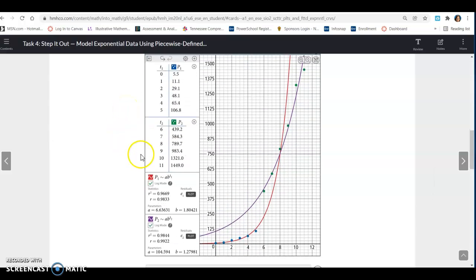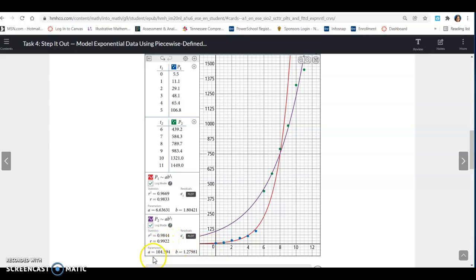All right, so they have written two equations. The equation in red is based on these first 5 points, and it has an A value of 6.63631 and a B value of 1.80421. It also has an R of 0.98, which is a very strong regression, so that means the points fall very close to the curve, which you can see there.